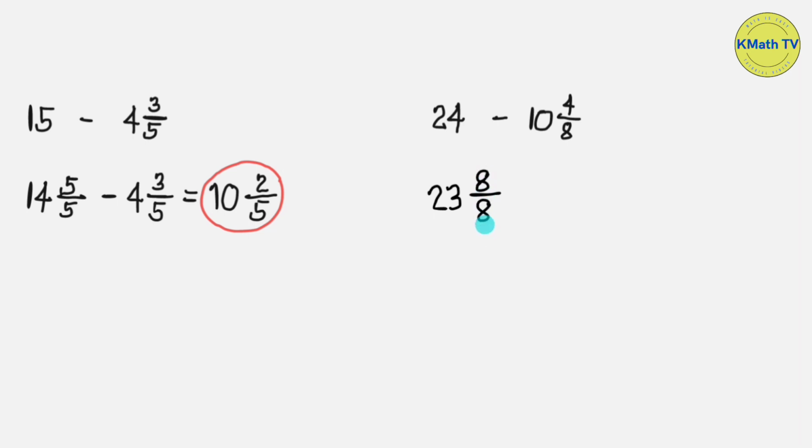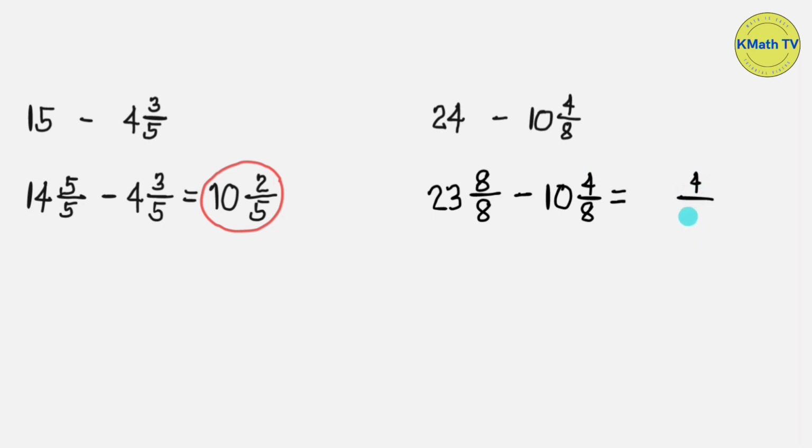8 divided by 8 equals 1. 1 plus 23 equals 24. Okay, we already changed the whole number to mixed number. Now, let's copy the subtrahend and subtract. Let's subtract the fractions by subtracting the numerators. 8 minus 4 equals 4.